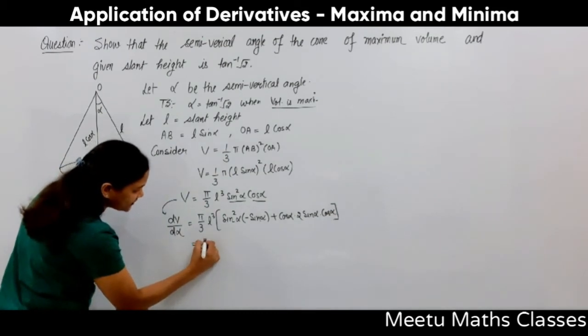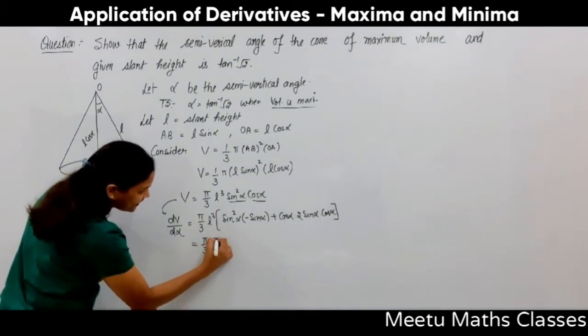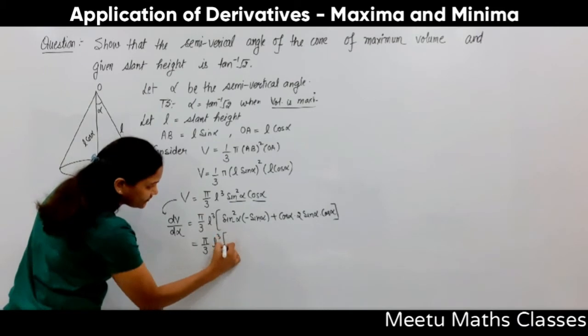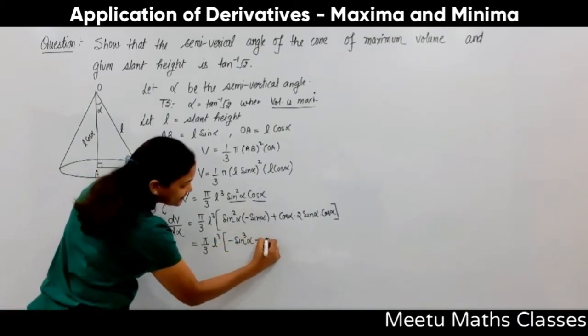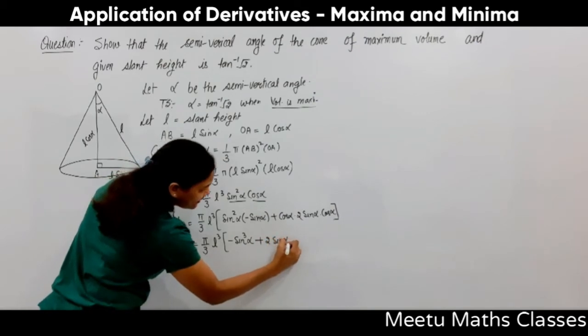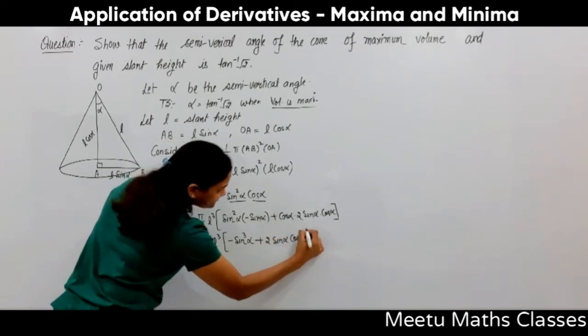So this will be equal to pi by 3 L cube, minus sin cube alpha plus 2 sin alpha cos square alpha.